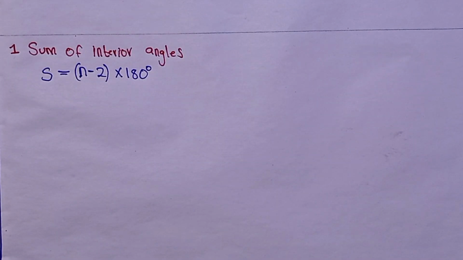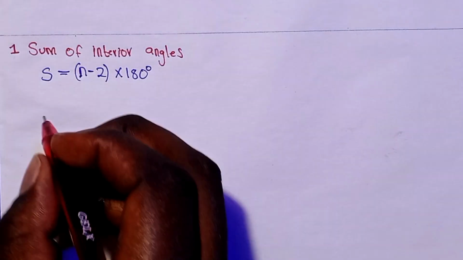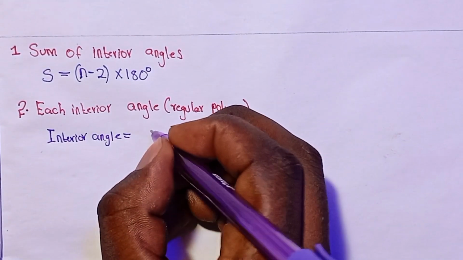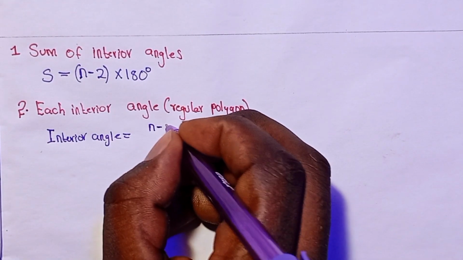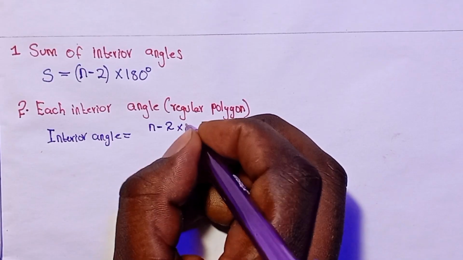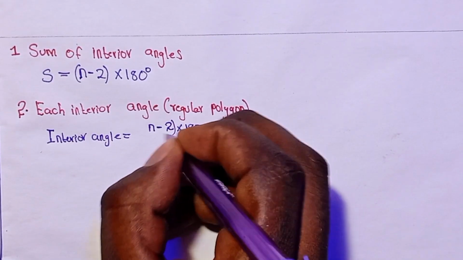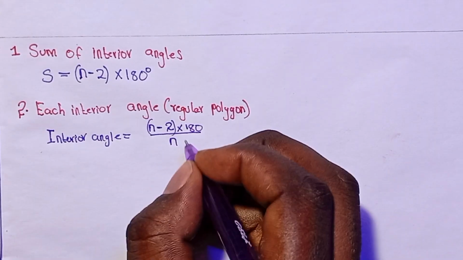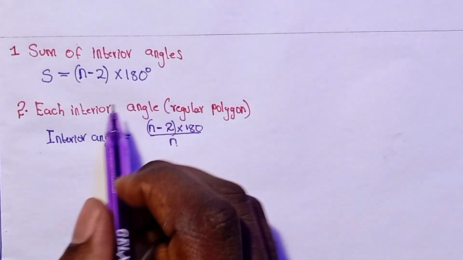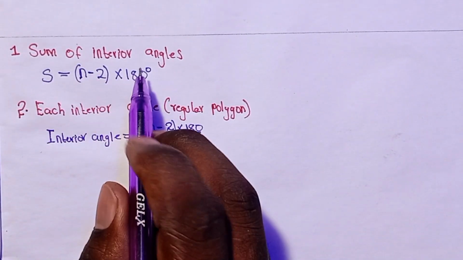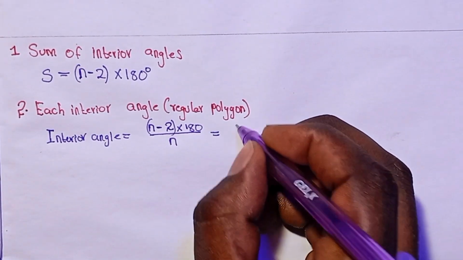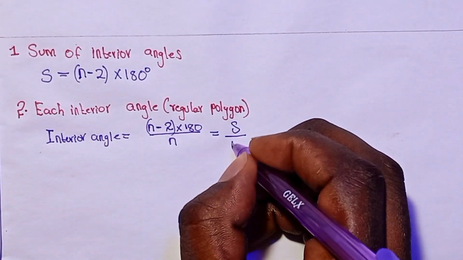So formula number 2 is each interior angle of a regular polygon. This interior angle is given by (n minus 2) times 180, all over n, where n is the number of sides. But as you notice, this is actually the sum of interior angles, so each interior angle can also be S divided by n.